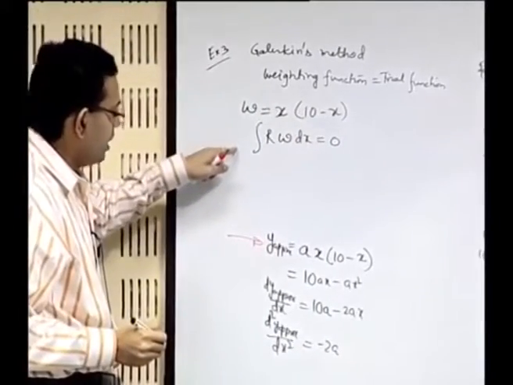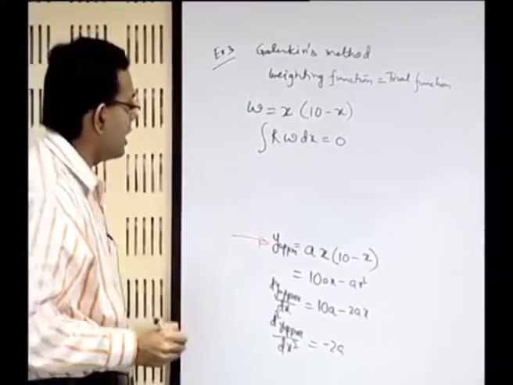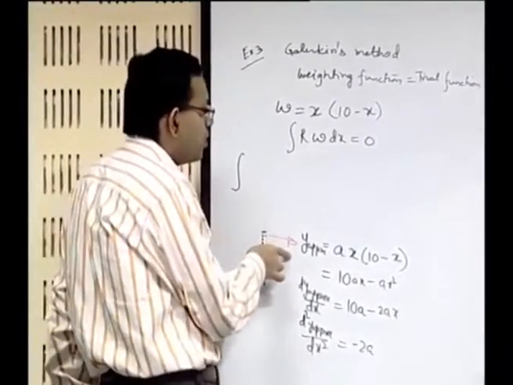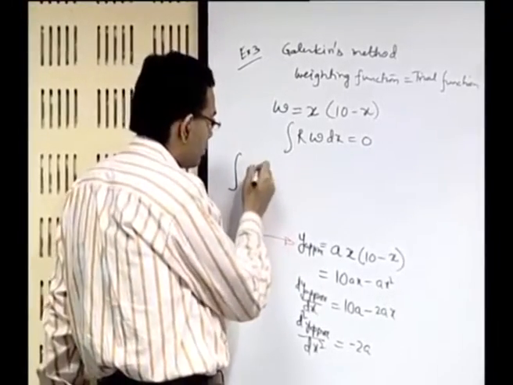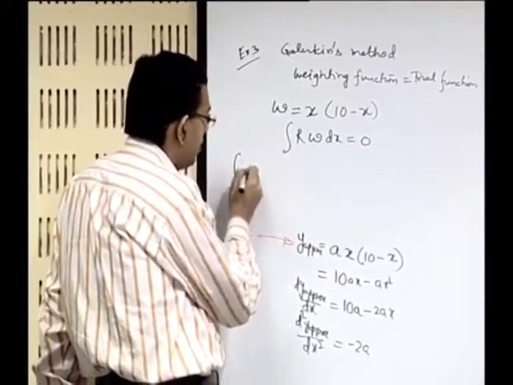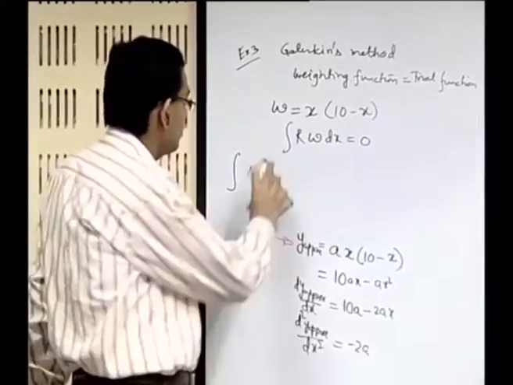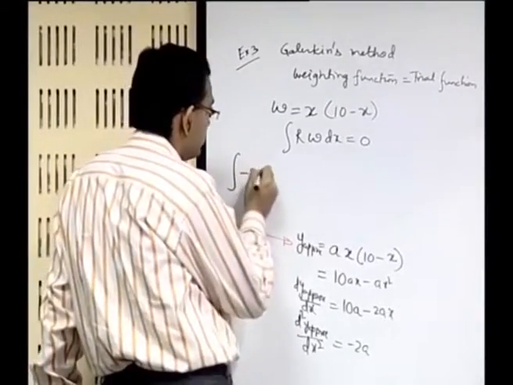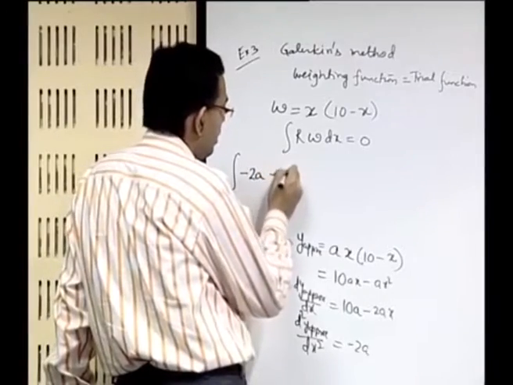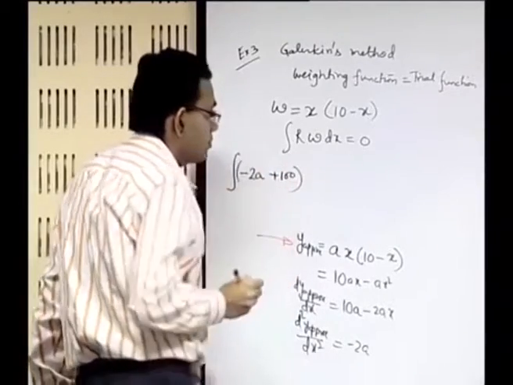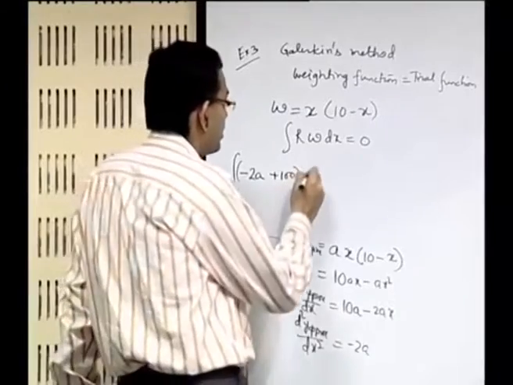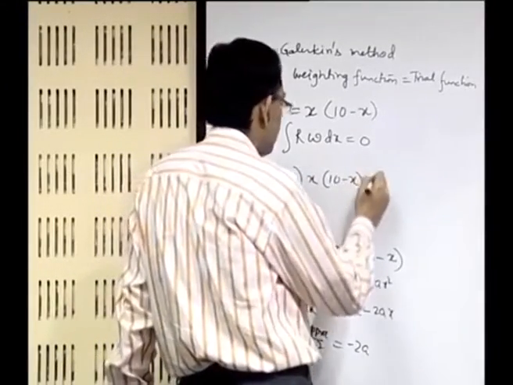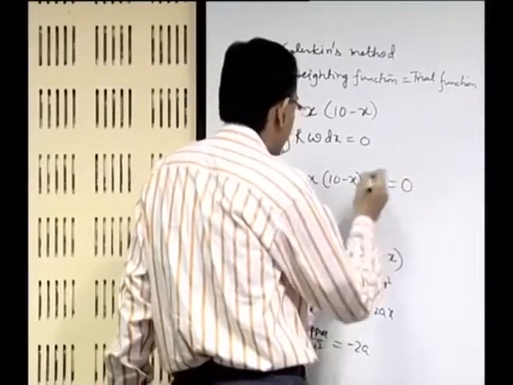So let us now do this exercise. The integral of minus 2a plus 100, into x into 10 minus x dx, equal to 0.